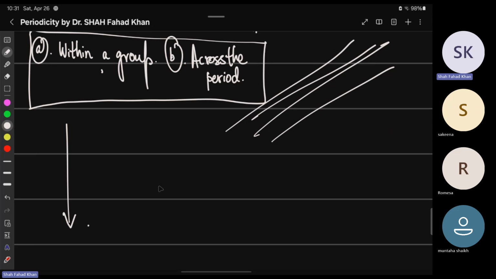Any guesses? First, to understand the trends of ionization energy, you need to know all the factors which affect ionization energy. So what are the factors that affect ionization energy? Nuclear charge. That's one. Shielding effect.